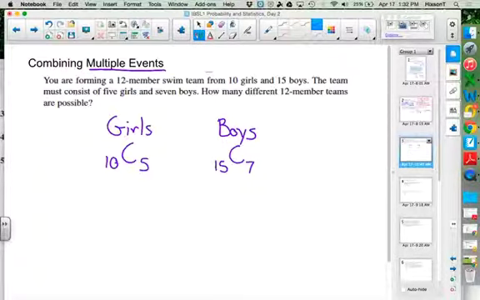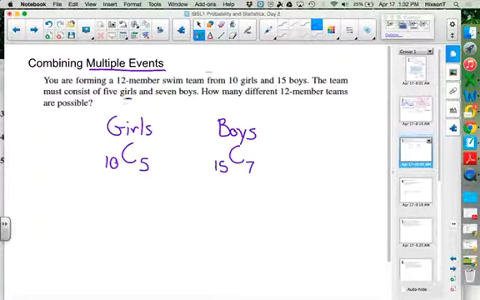We have multiple events. You're used to thinking of an event as something happening, but you need a much broader definition when you're talking about counting principles. Events here are picking a girl for the team and picking a boy for the team.